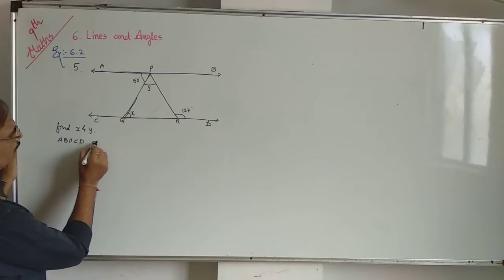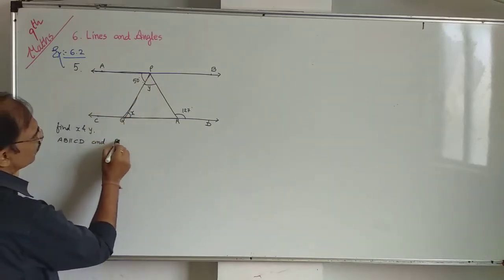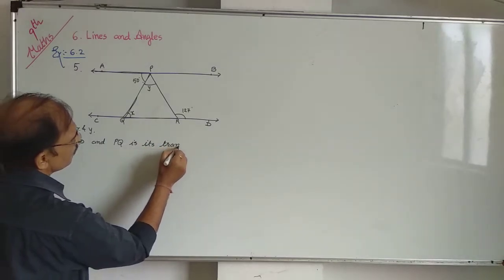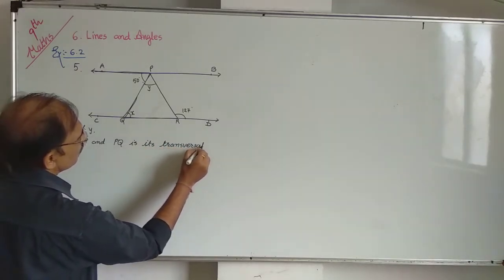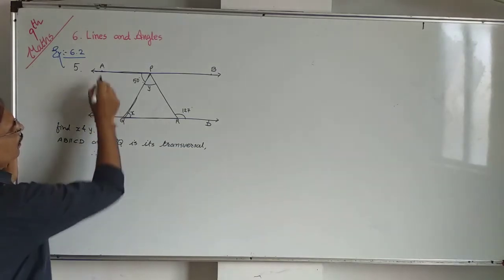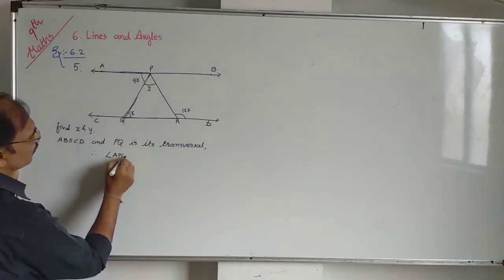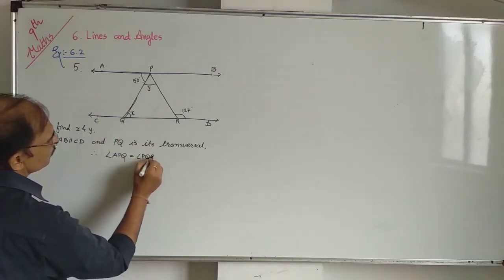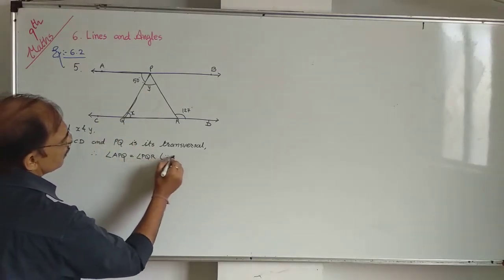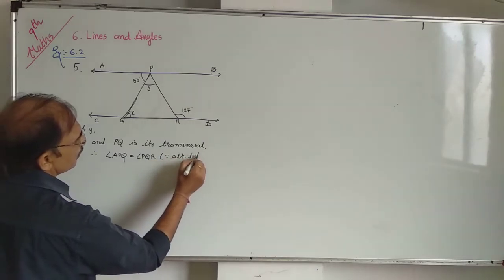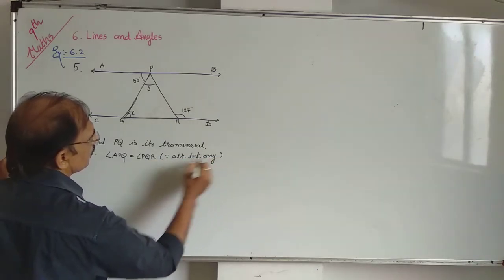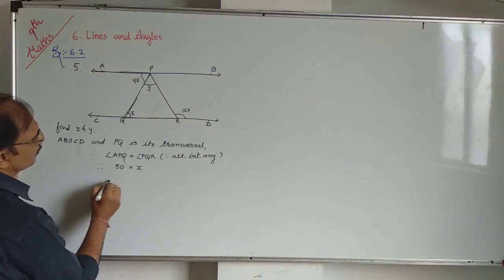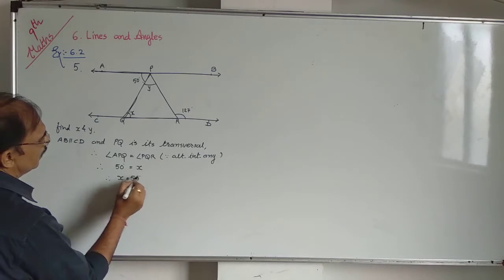AB parallel to CD and PQ is its transversal, then angle APQ equals angle PQR, reason alternate interior angles. Angle APQ is 50, angle PQR is X, so X equals 50 degrees.